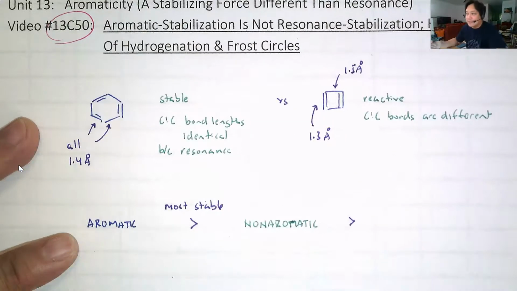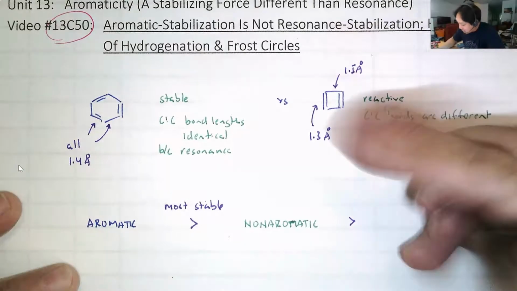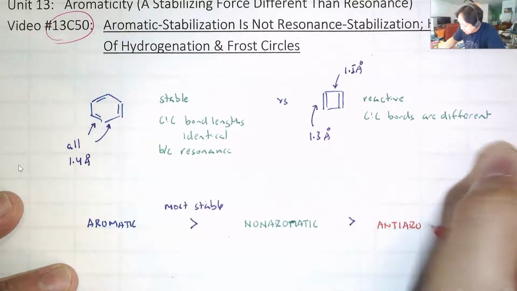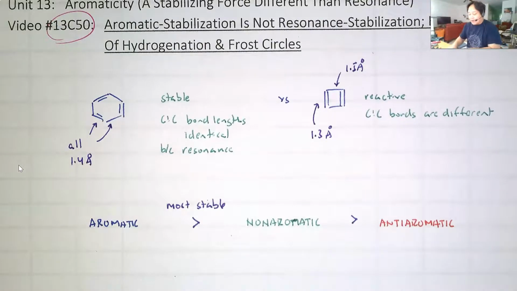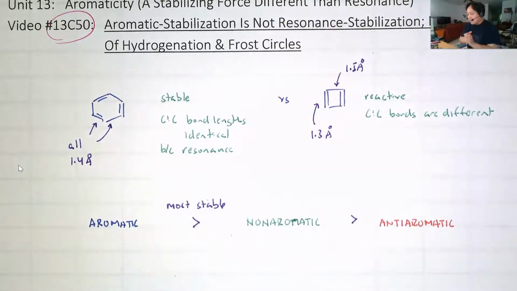Not only does it not stabilize the molecule, it actually makes it less stable than what you would expect. So this is anti-aromatic. We will do examples, maybe not in this video, but in the next video, to categorize these molecules into these 3 buckets.